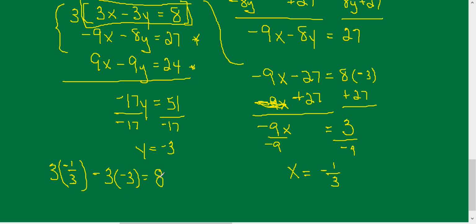Equals 8. All right, 3 times negative 1 over 3 is negative 1 plus 9. Negative 3 times negative 3 is plus 9 equals 8. And that's true. That's it. So I just verified it. Confirmed it. All right, one more problem to go.